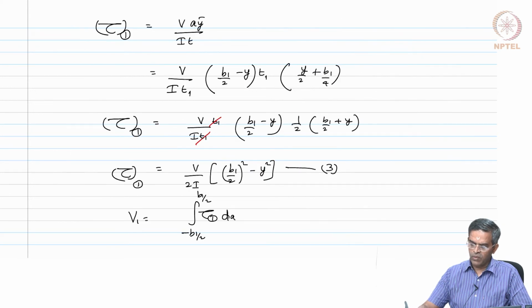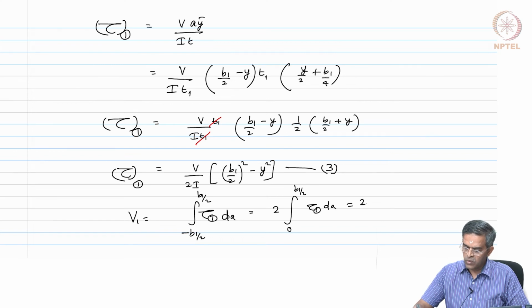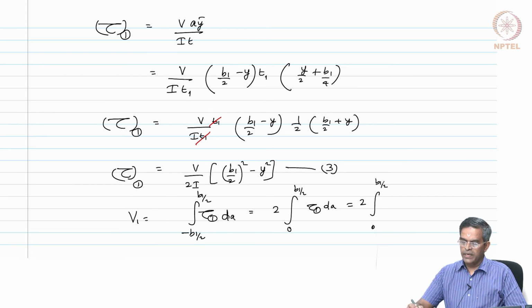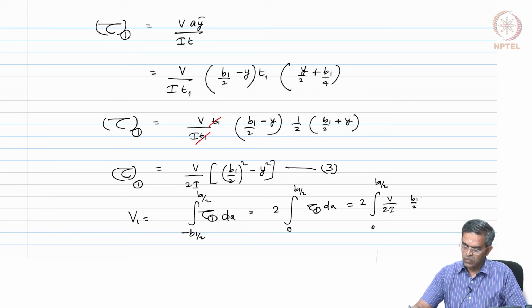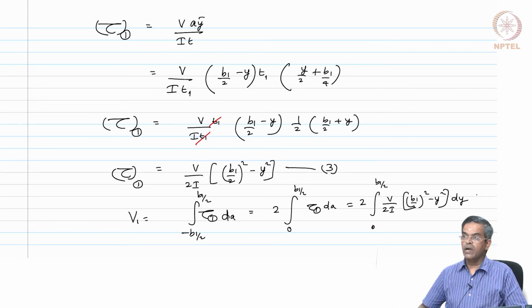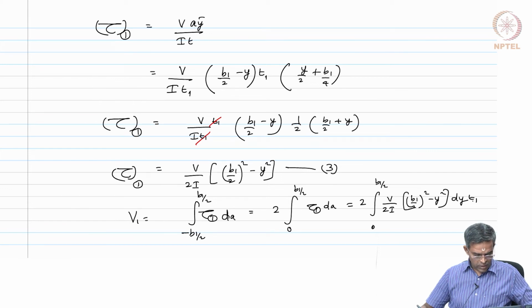Okay, let us substitute and find out this value, which will be 2 times of integration 0 to B1 by 2 tau of 1 dA because of symmetry. So, which will be 2 times of integration 0 to B1 by 2, tau 1 we already have, so V by 2I, B1 by 2 the whole square minus y square, of dy of T1, is it not?